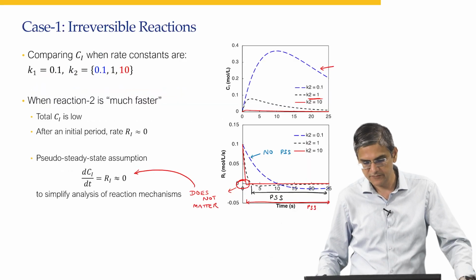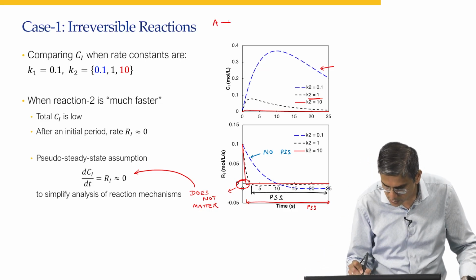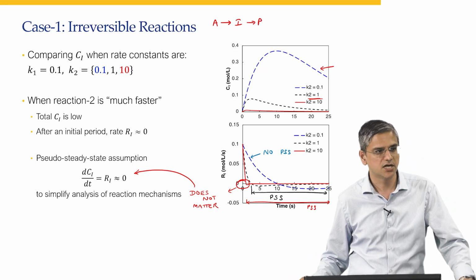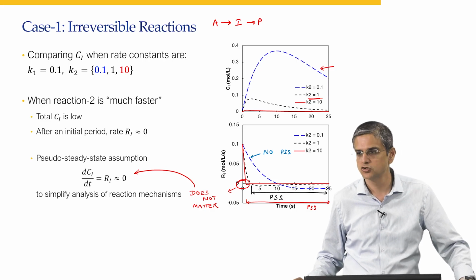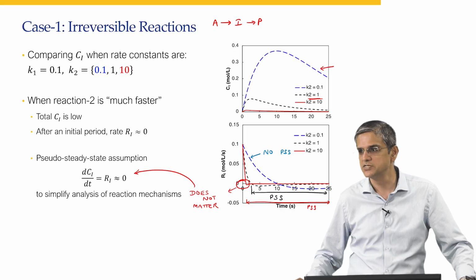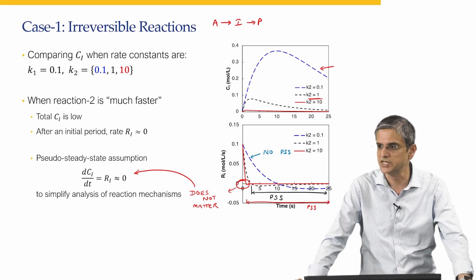What we did in the previous lecture is we looked at a reaction A going to I going to P, okay, and then the derivation we had done earlier in the previous module, in the recap module. We took those derivations, put them in an Excel sheet and saw what happens when, keeping K1 constant, we change the values of K2.